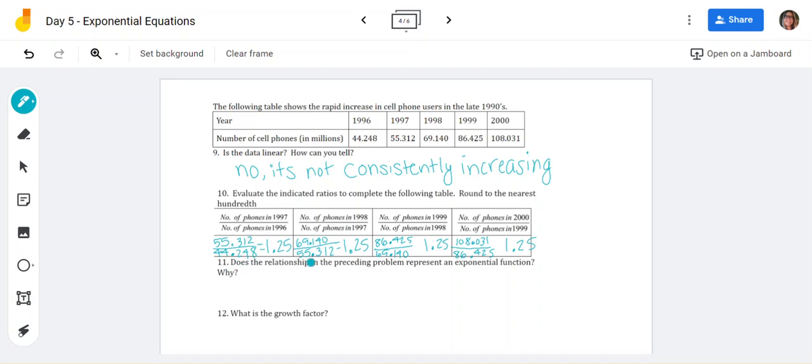So, does the relationship in the preceding problem represent an exponential function? Yes. All the ratios were the same. And what's the growth factor? Well, the growth factor is that ratio of 1.25.